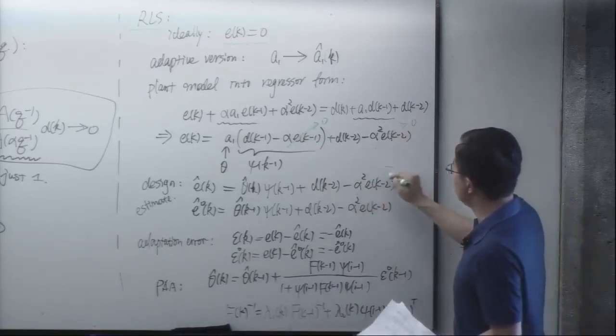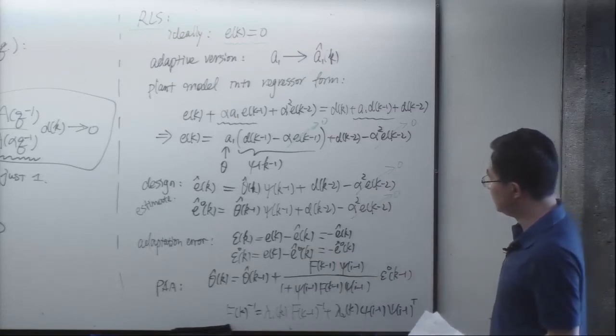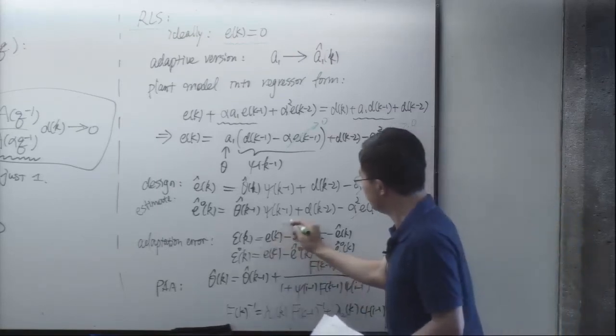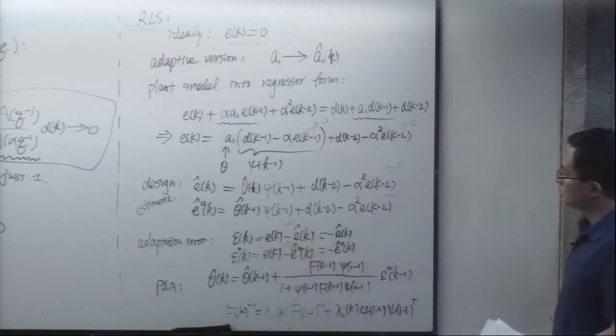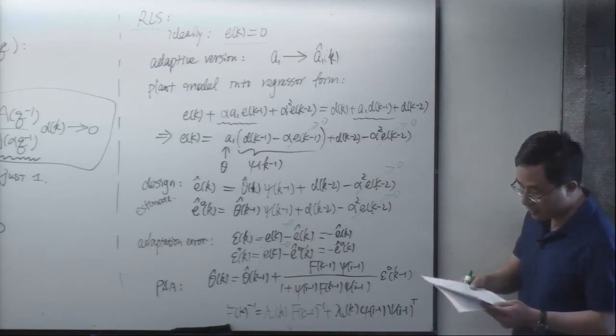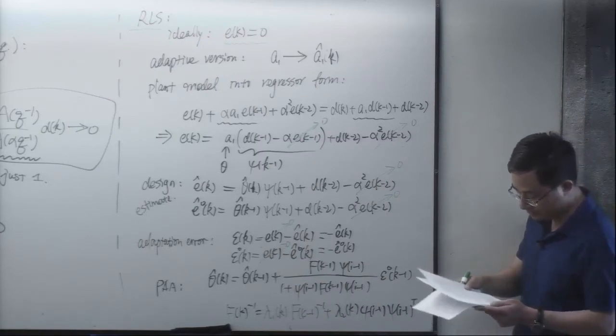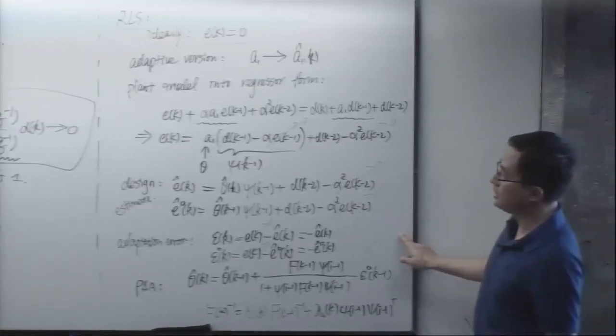And same thing here and here. So a lot of beneficial cancellations, beneficial reductions of the complexity. All right, so that is the recursive least squares update.